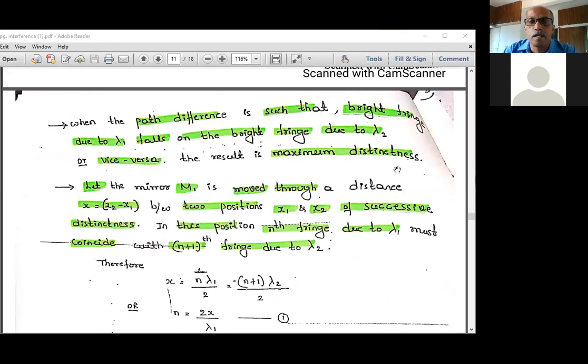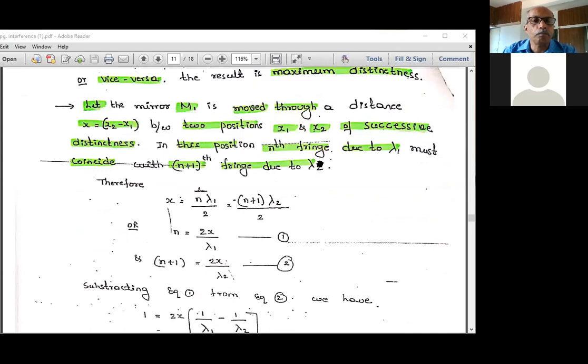In the first case, bright falls on dark and dark falls on bright: bright of lambda 1 falls on dark of lambda 2, and vice versa, and it was called minimum distinctness. In the second case, bright of one falls on the bright of the other, or dark of one falls on the dark of the other, and therefore the distinctness is said to be maximum. The fringe patterns can be clearly seen.